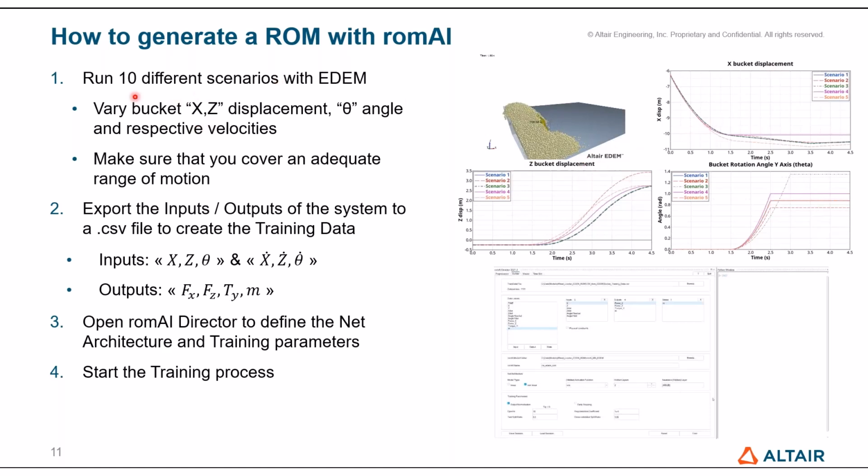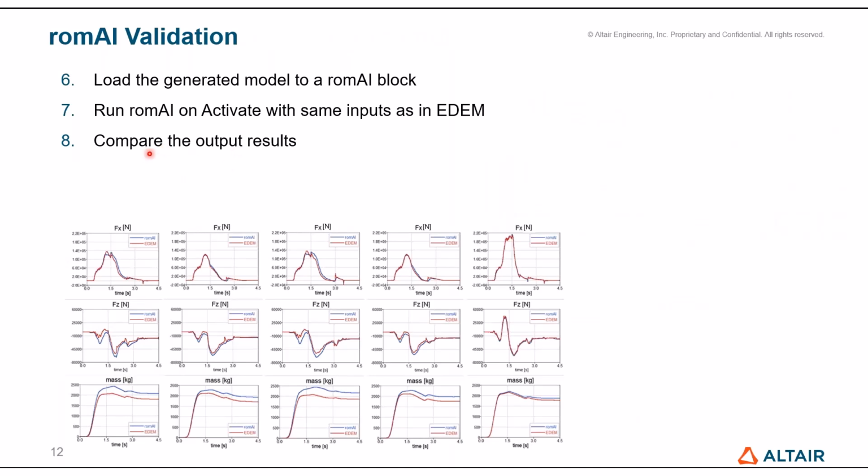Once you have all of those, you export the inputs and outputs from EDEM, and then create a reduced order model within romAI Director. Then you load the generated romAI block, and run the romAI model.